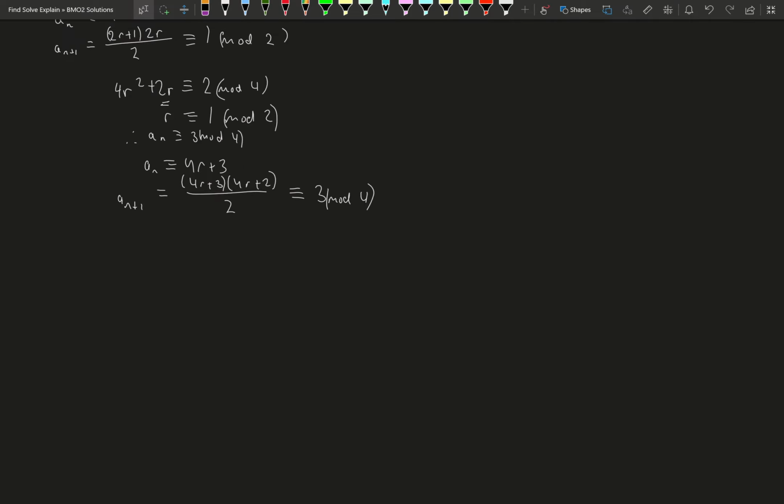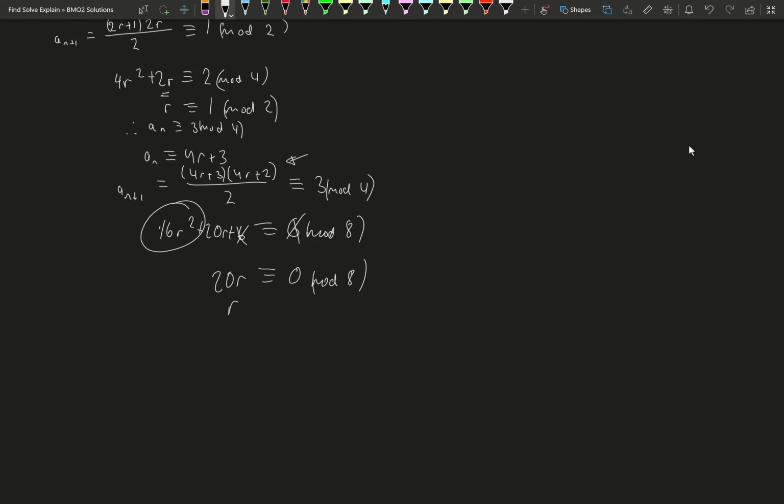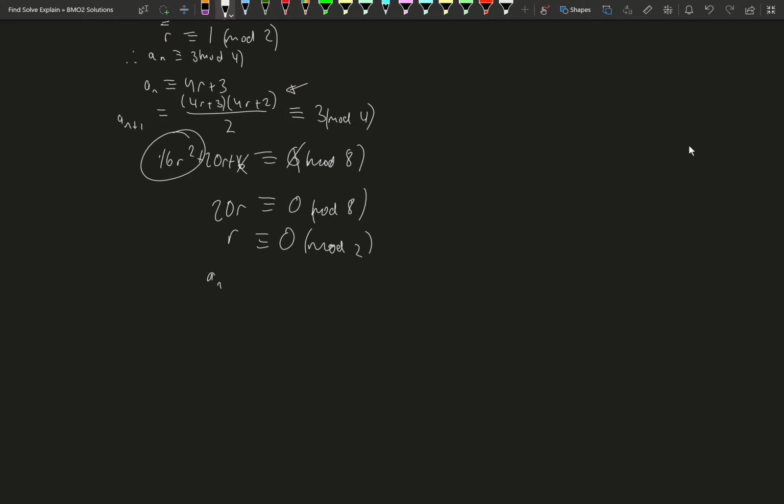If we times everything by 2, we get that 16r squared plus 20r plus 6, the top of this fraction, is congruent to 6 mod 8. Because the 16r squared is divisible by 8, we can remove it, and we can get rid of the 6s on both sides to give us 20r is congruent to 0 mod 8. This means that r must be even, or 0 mod 2. Therefore An must be congruent to 3 mod 8.